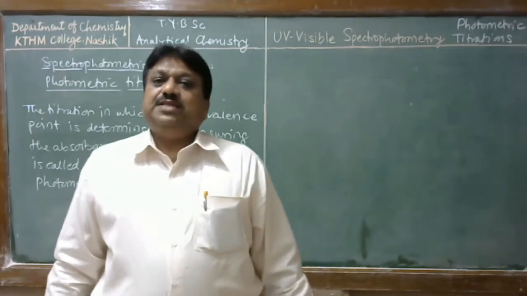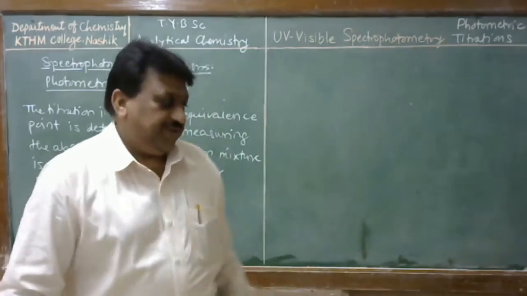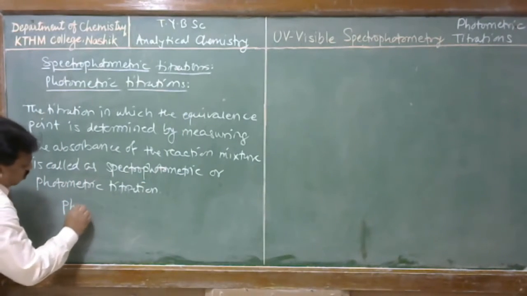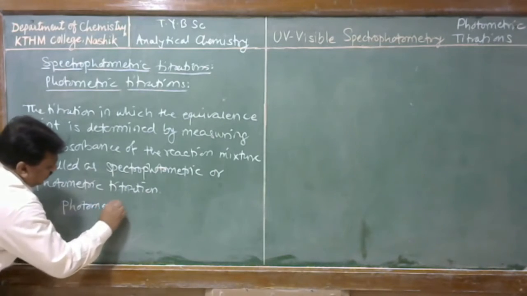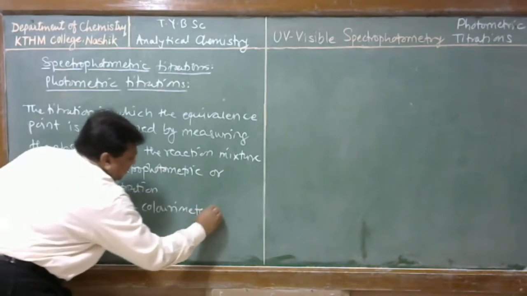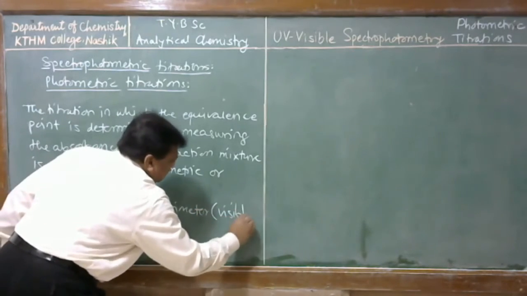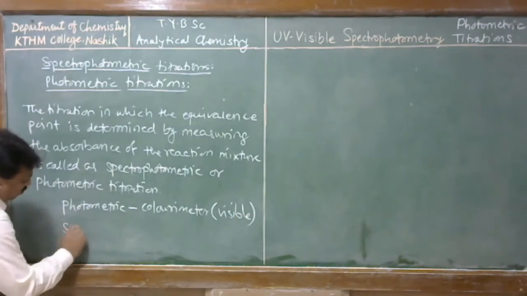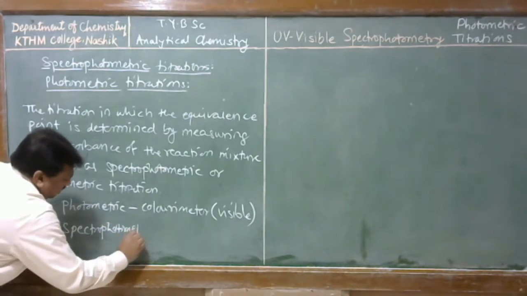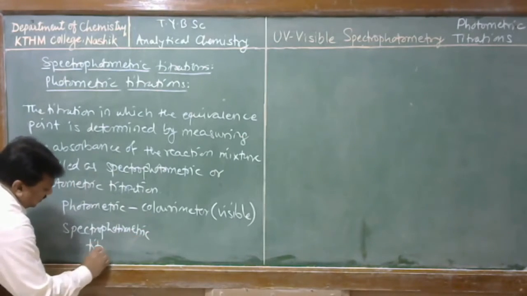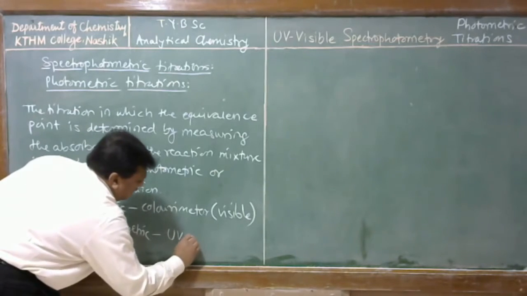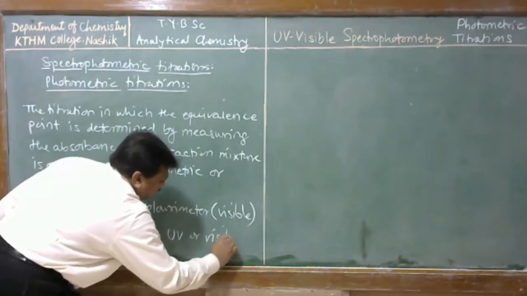Now we discuss the principle of spectrophotometric titration. Spectrophotometric titration is also called photometric titration when it is performed by means of a colorimeter in the visible region. It is called spectrophotometric titration when it is performed using a spectrophotometer in the ultraviolet or visible region.